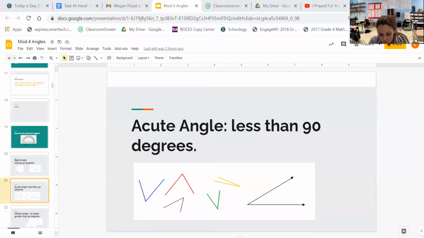All right, friends, now that you've glued acute angle down, I just want to show you real quick an easy way to check and see if it's acute. Acute is less than 90. So what I like to do is take a Post-it note, which you should have one on your desk. We'll pretend this is my Post-it note.